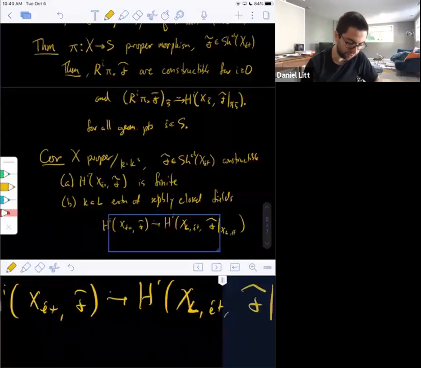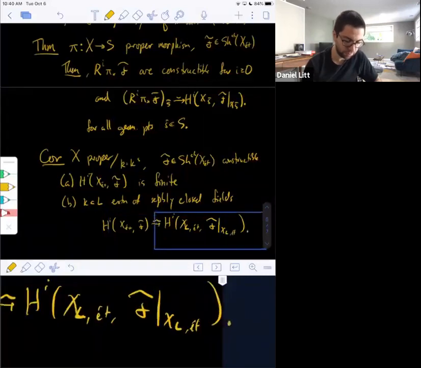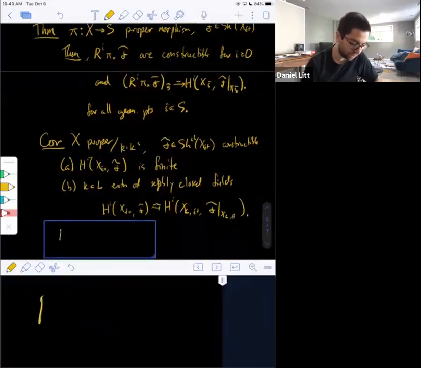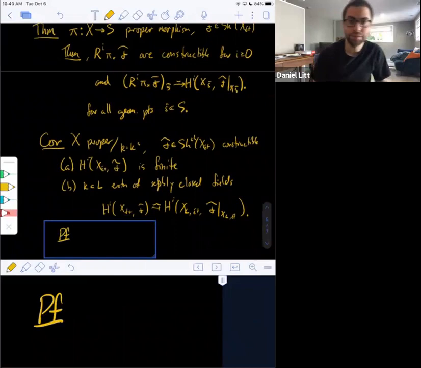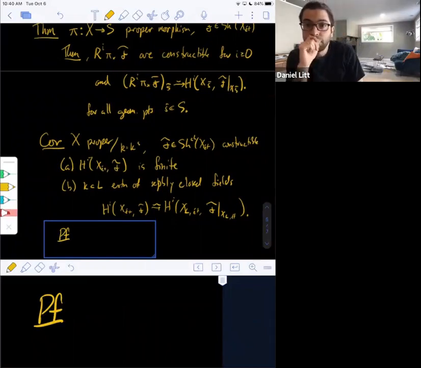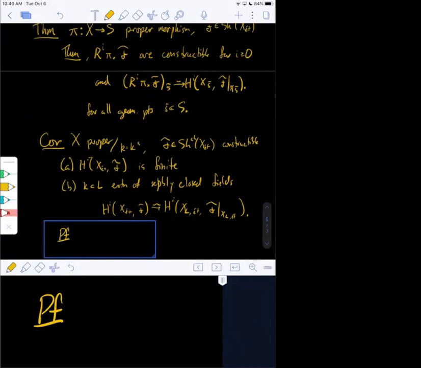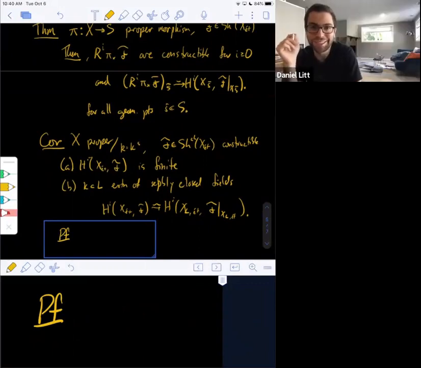And this is an isomorphism. All right, so can anyone help me deduce the corollary from the theorem? So A is hopefully not too bad. Does anyone see how to do A?